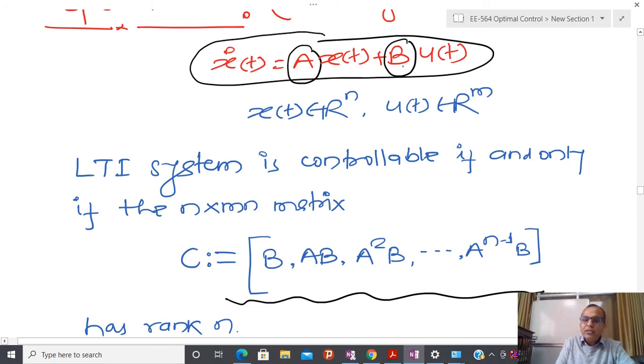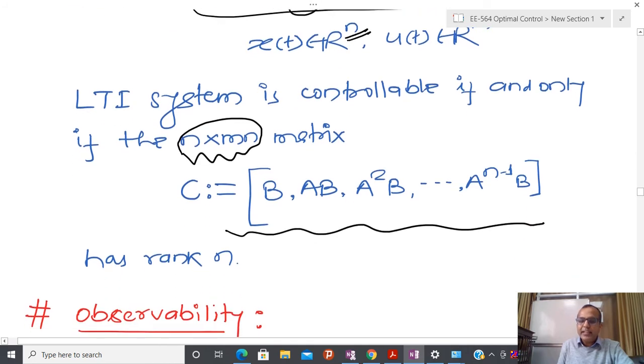By choosing these two matrices, I can generate the matrix [B, AB, A squared B, up to A^(n-1) B] if the number of states is n. We have to check this matrix, and if the rank is n, then I can say that it is possible to select any state and after that move to the origin in finite time. That is the meaning.